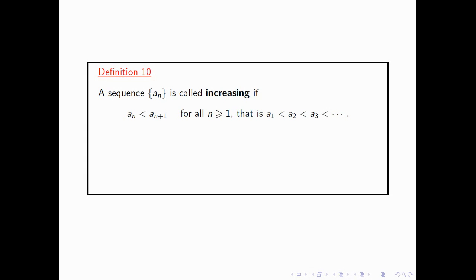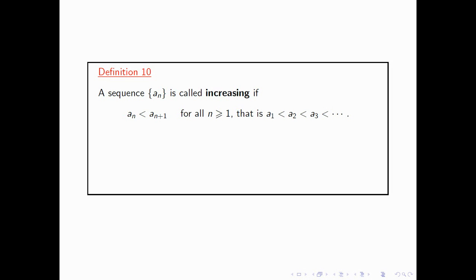So last year in Calculus 1, we also spoke about functions being increasing and decreasing. A function was increasing if, when we drew the curve, it moves up as x becomes larger. It's decreasing if it moves down. The same thing for sequences.